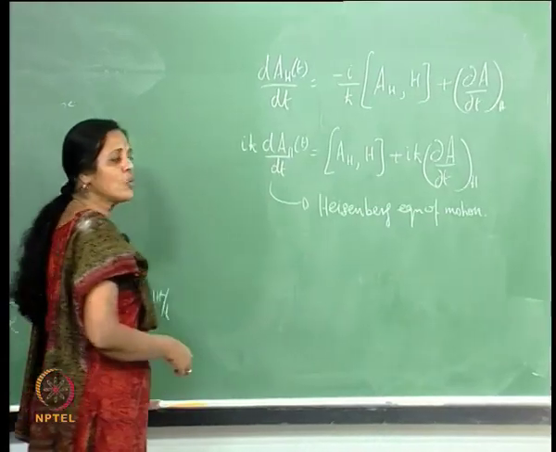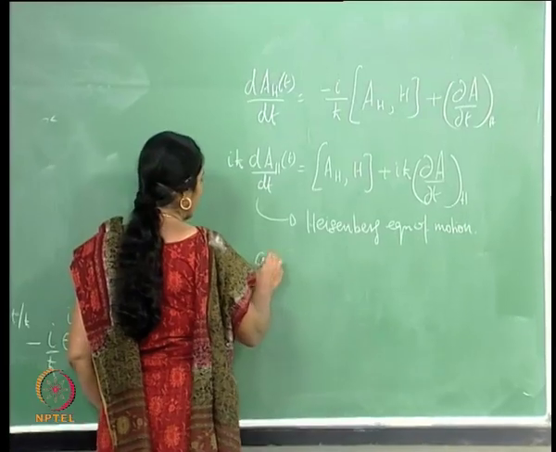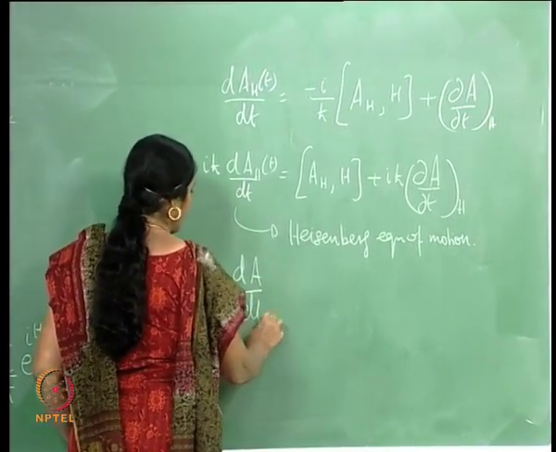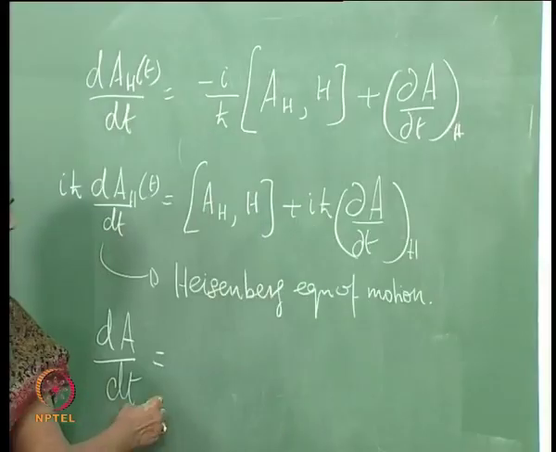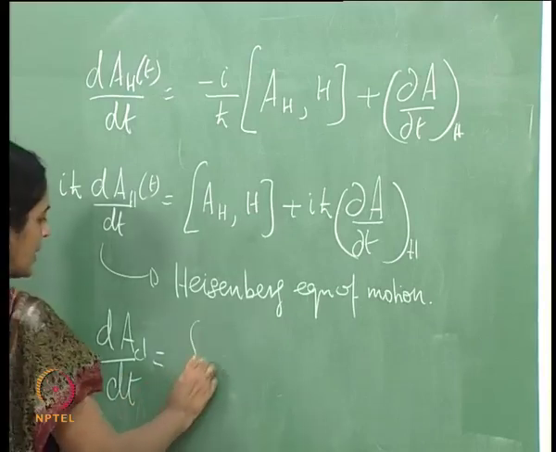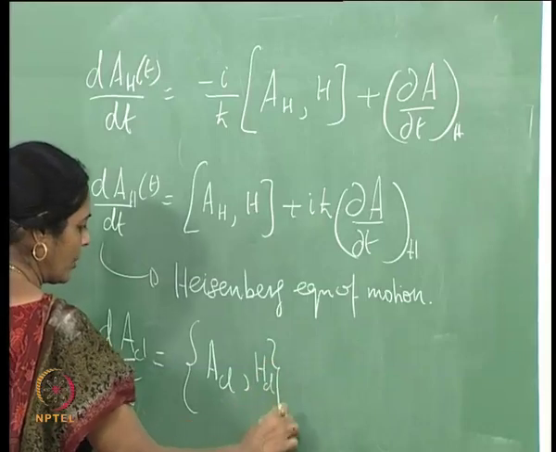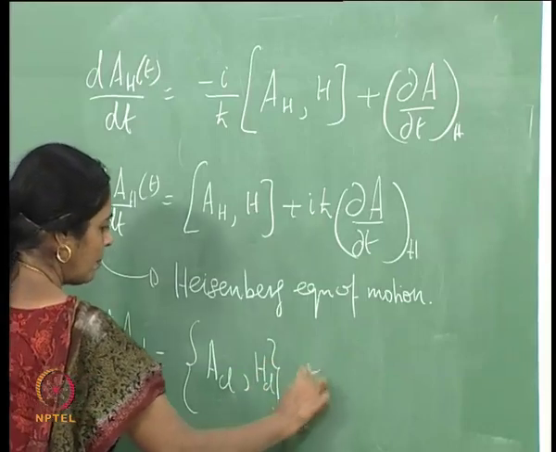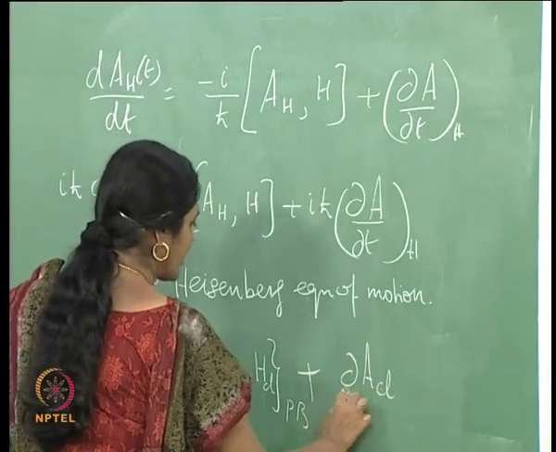Compare this with what you have in classical physics. In classical physics, any dynamical variable A, if you want to find out its temporal evolution, dA classical by dt is the Poisson bracket with the classical Hamiltonian plus delta A classical by delta t.